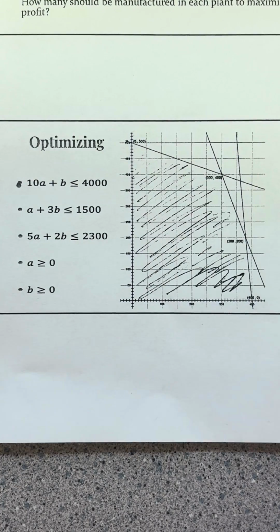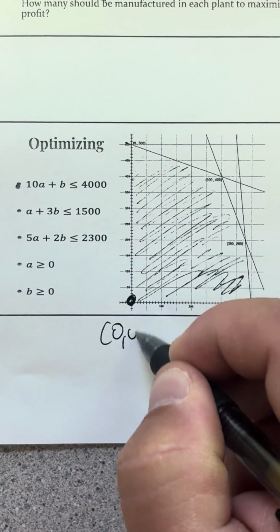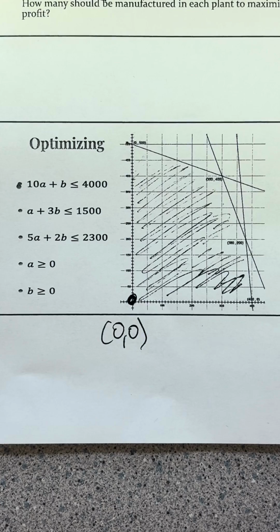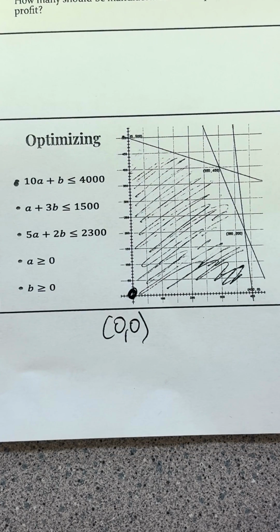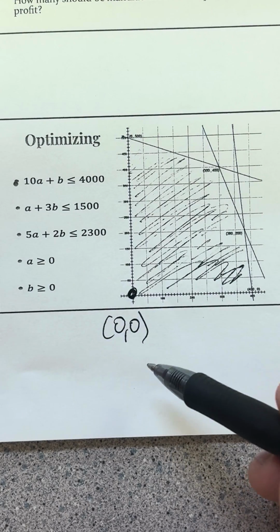So what do we have for our pairs? Well, the only one I didn't label on your paper for you here was 0, 0. And part of the reason I didn't label that is because we're trying to maximize. And if we have a manufacturing plant where making 0 bikes in either plant is our best profit model, we're not doing a very good job, right? So we can probably rule that one out.